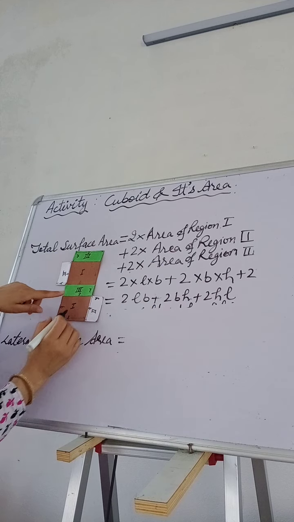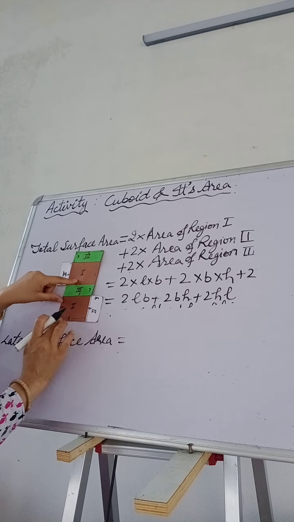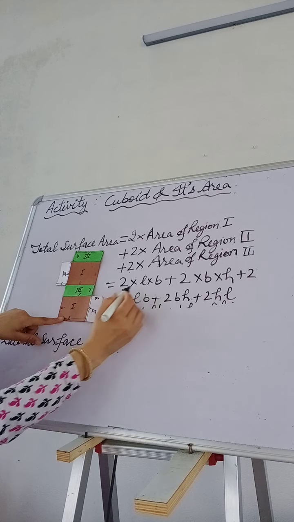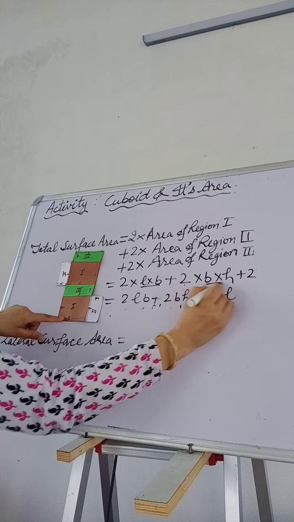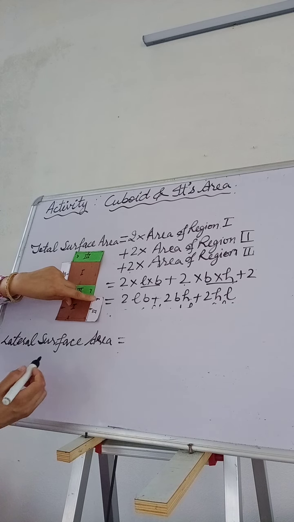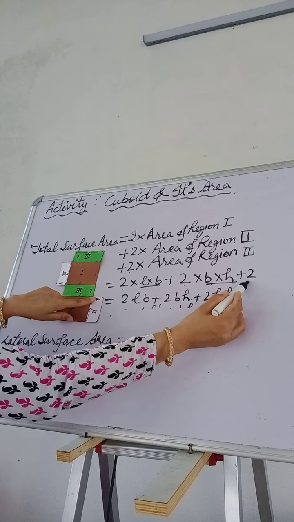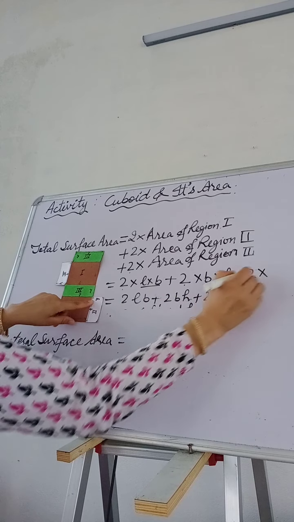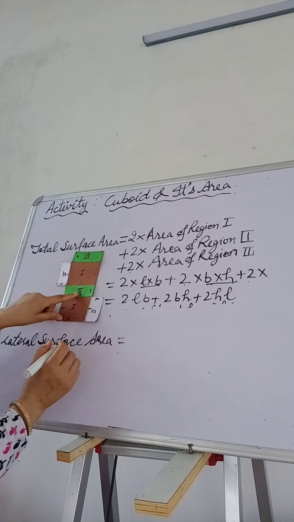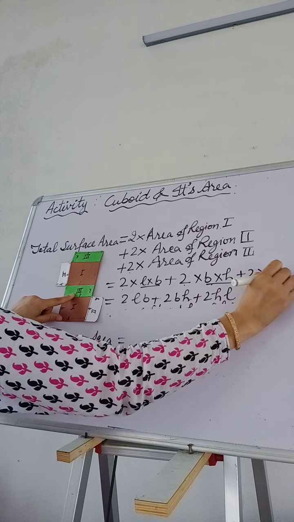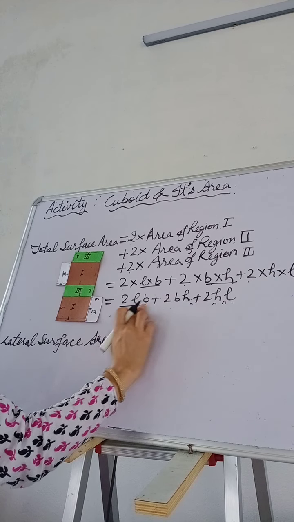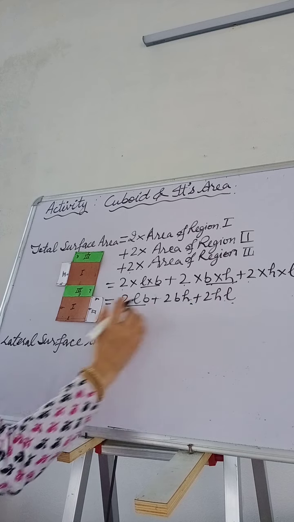So for the brown region, 2 times length multiplied by breadth, next 2 times breadth multiplied by height, then plus 2 times height multiplied by length. Now it's 2LB, 2BH, 2HL.